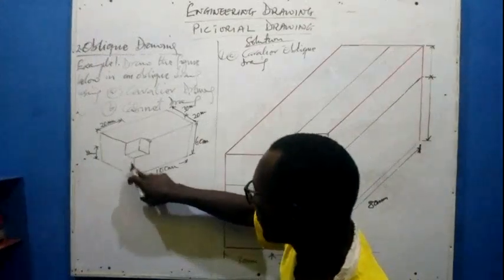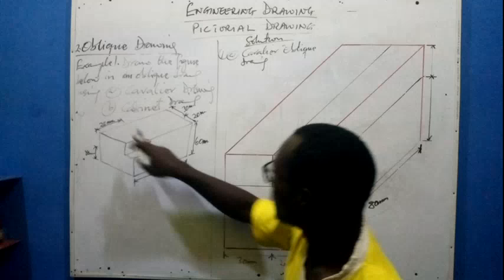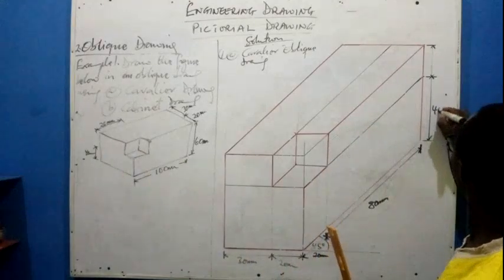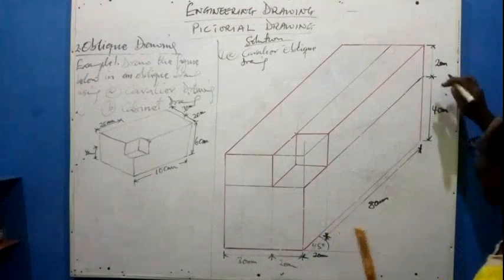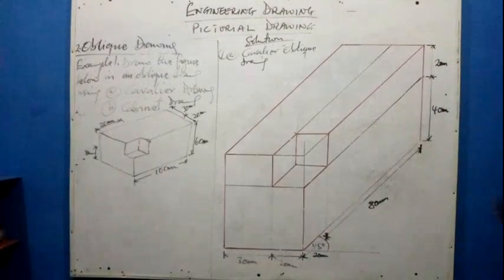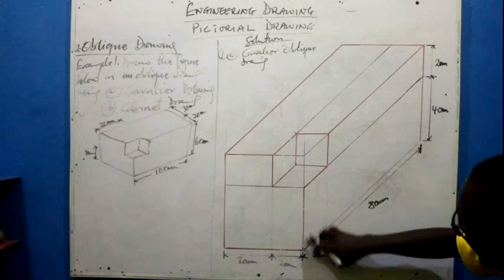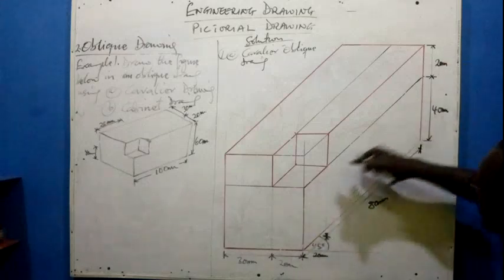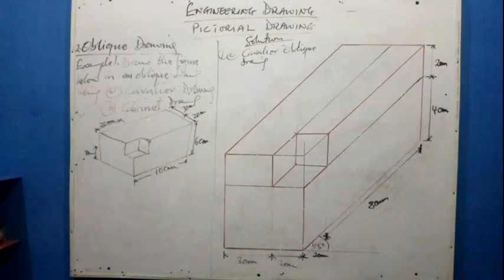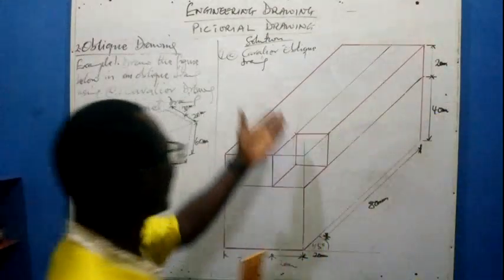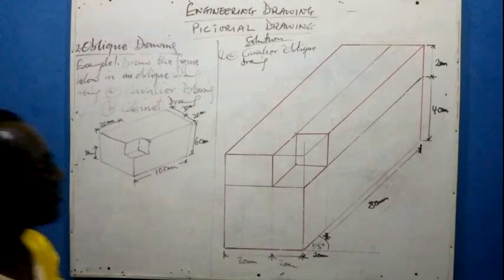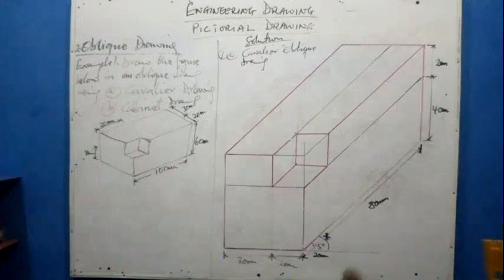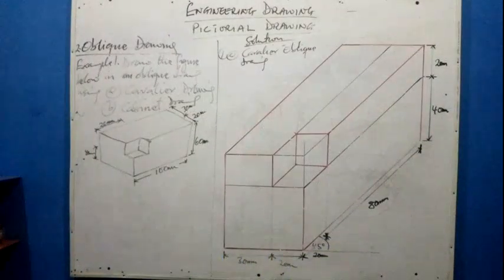I can see from here to here is what? 40 and 20. Now this will be 40 millimeters, 20 millimeters. When you add them, it becomes 60. It tells you that the 40 is from here to here, and then 20 is from here to here. So this is the full Cavalier method. That is the Cavalier method.